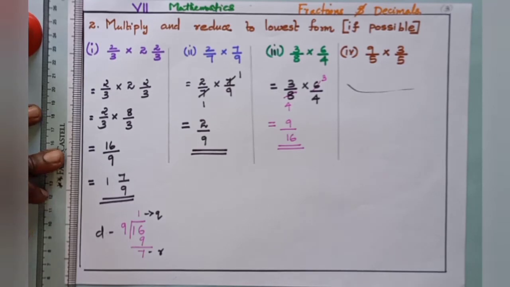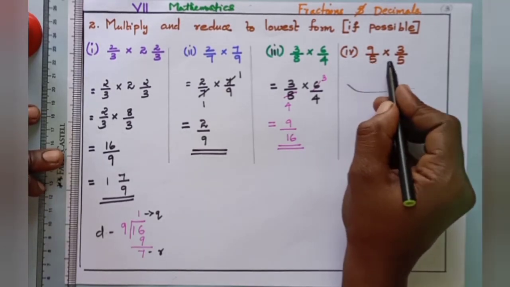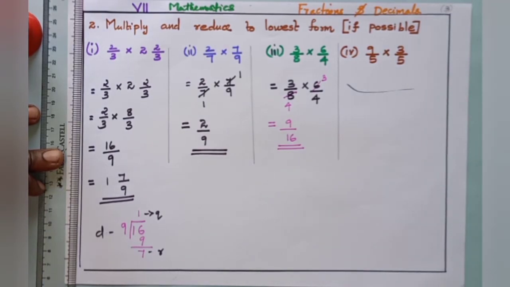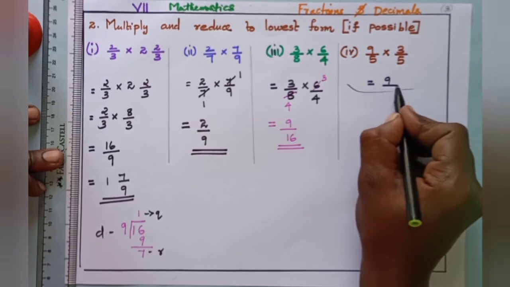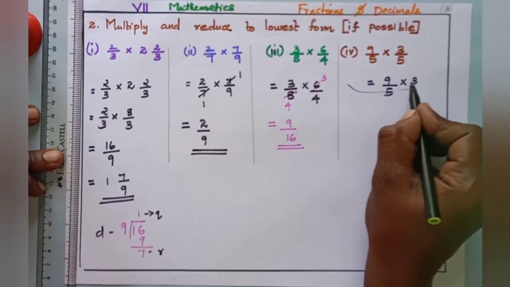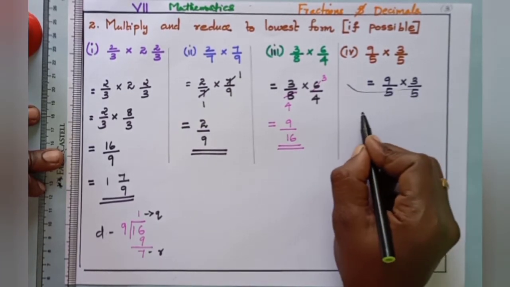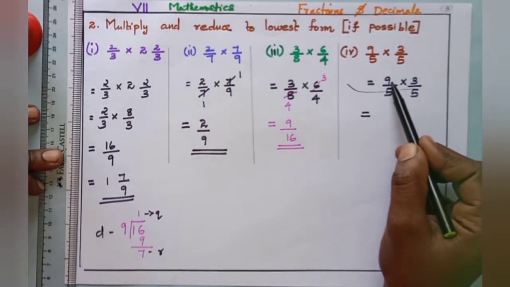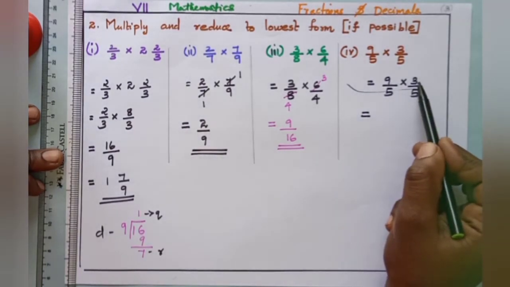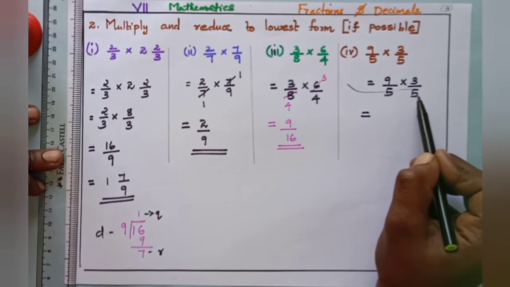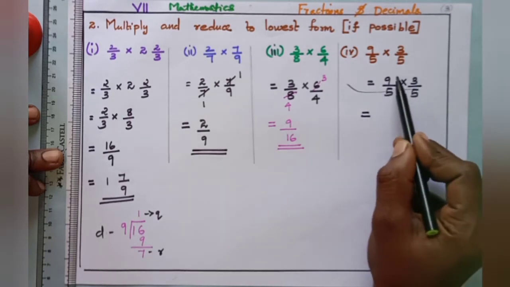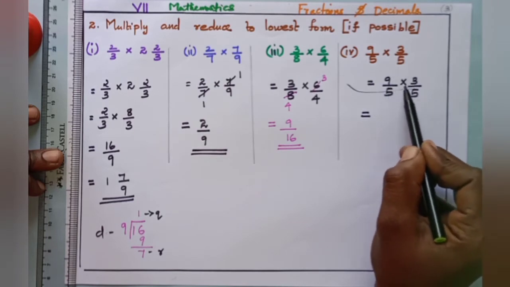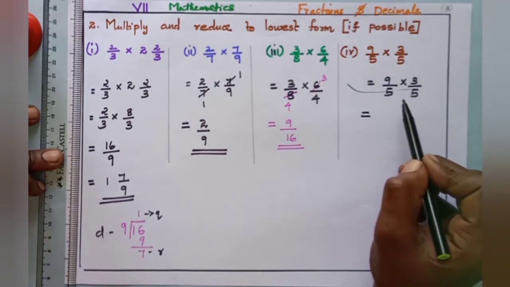Then the fourth sub question is 9 by 5 into 3 by 5. 9, 3 are in the numerator place, 5 in the denominator place. Here no cancellation is possible to reduce to the lowest form.